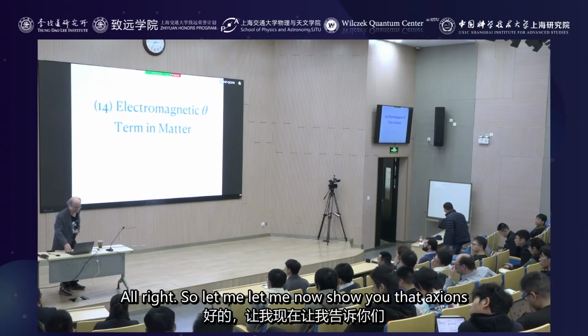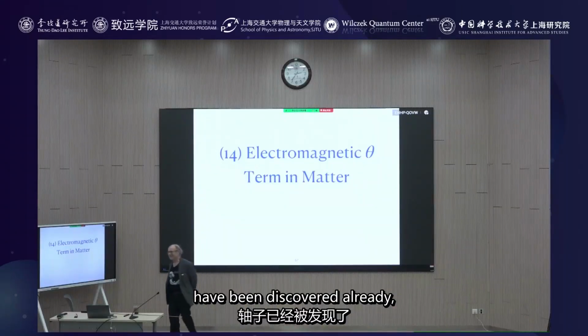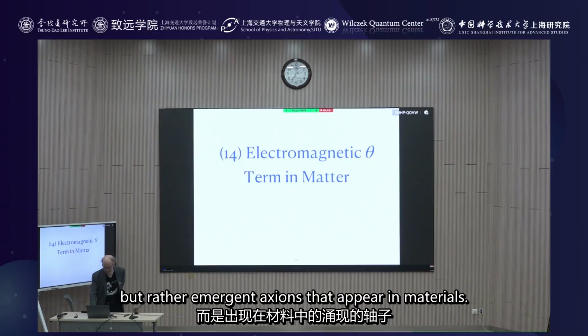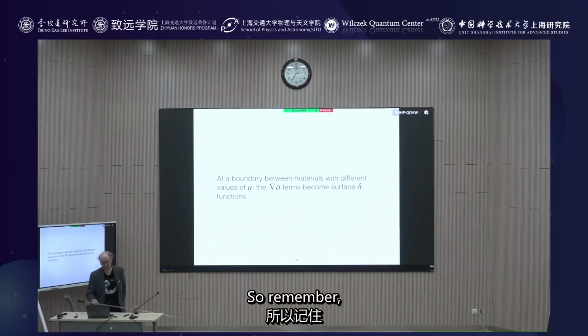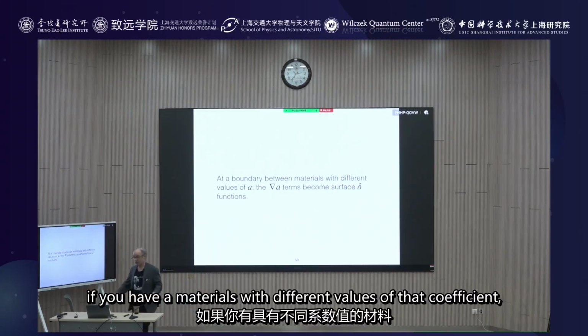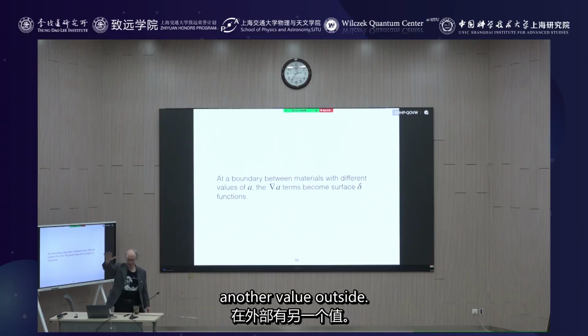All right, continue. So let me now show you that axions have been discovered already, but not the free space axions, but rather emergent axions that appear in materials. Remember, A was the coefficient of E dot B. If you have materials with different values of that coefficient, it's as if you have one value of the axion field inside, another value outside.